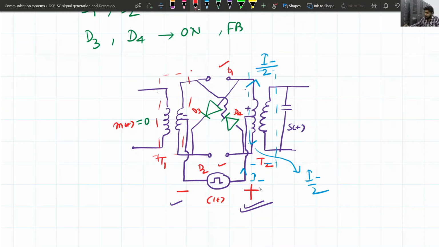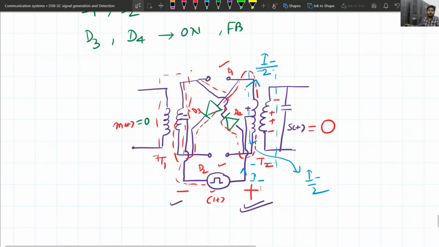The direction of the current flow will be from this diode to this node. Similarly here, this will be the direction up to c(t), up to the voltage source. Once again, equal and opposite voltage will be generated, then s(t) will go to 0.